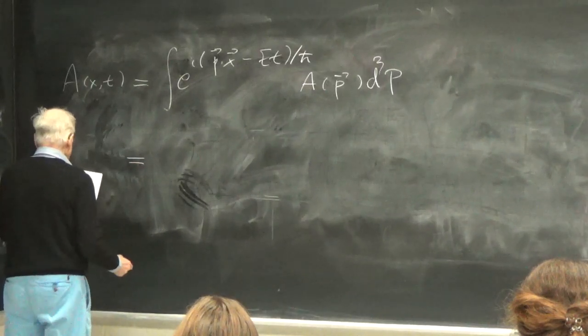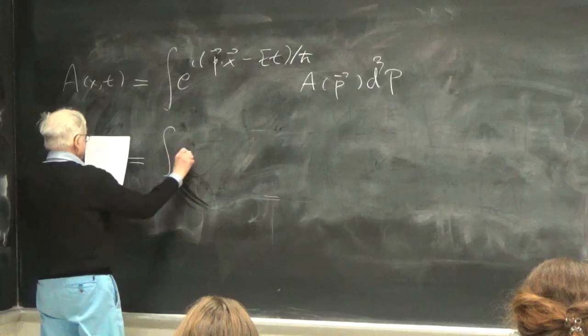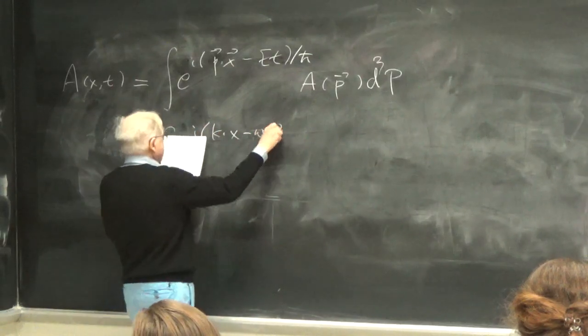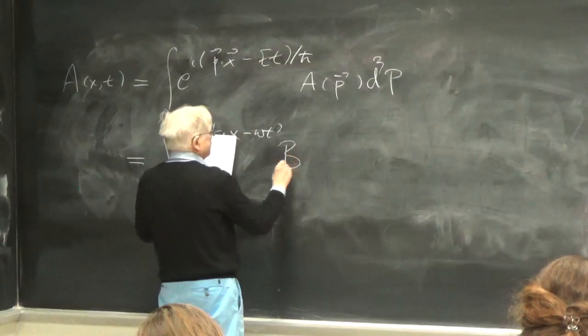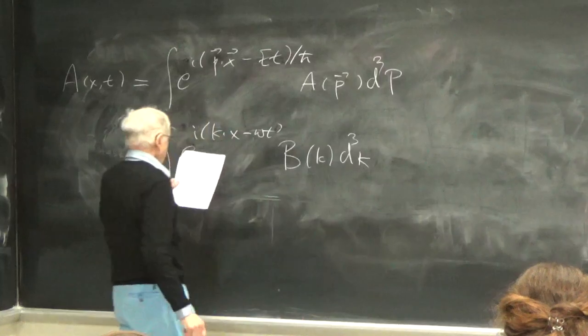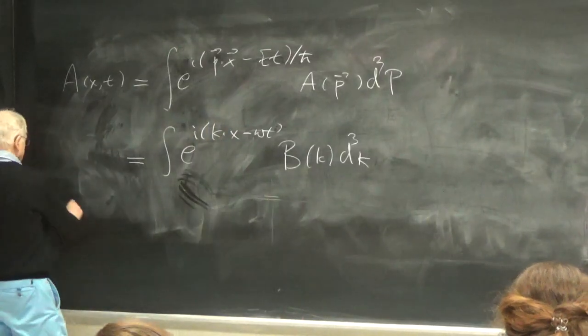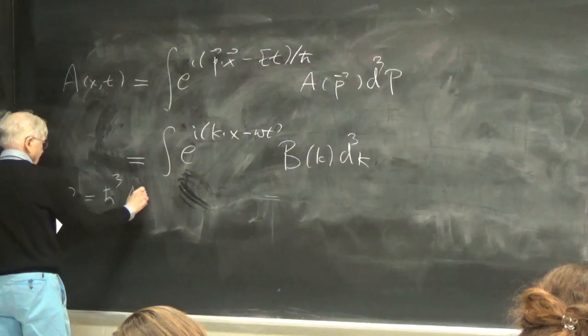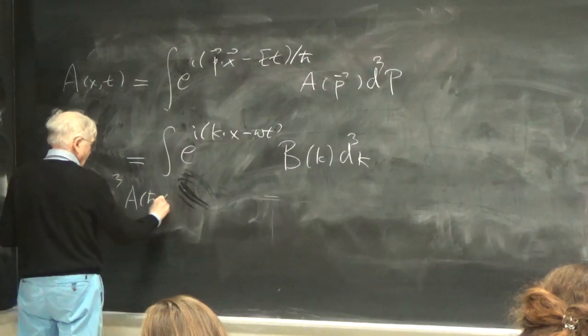In any event, we can rewrite this as e to the i k dot x minus omega t, some b of k, d cubed k. And here, b is just h bar cubed times a of h bar k.